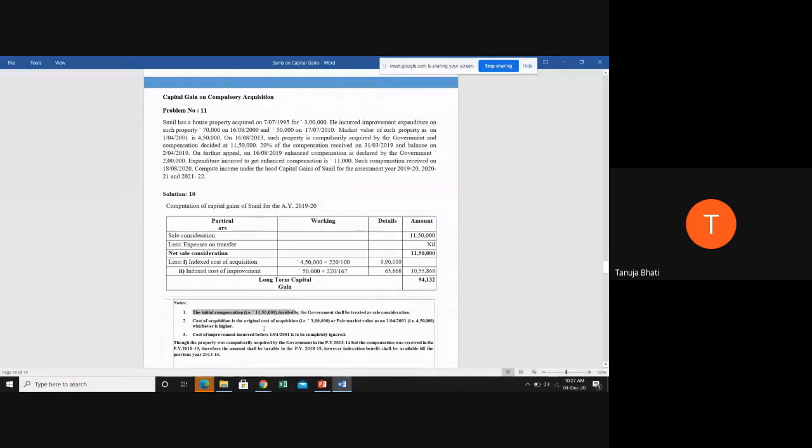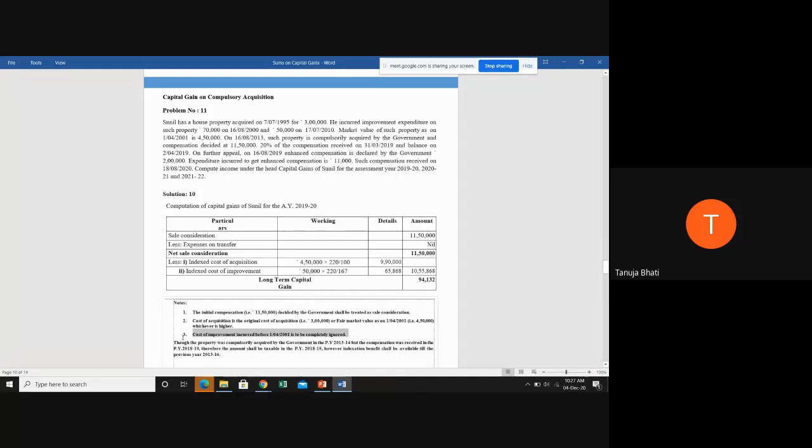Let us see the notes. The initial compensation of 11,50,000 decided by the government shall be treated as the sale consideration. Cost of acquisition is the original cost of acquisition, that is 3 lakh, or fair market value as on 1/4/2001, whichever is higher. And cost of improvement before 2001 shall be completely ignored.